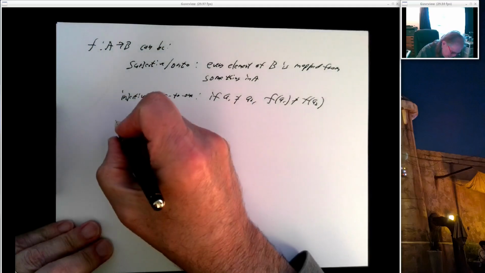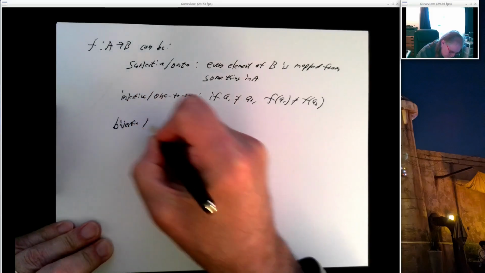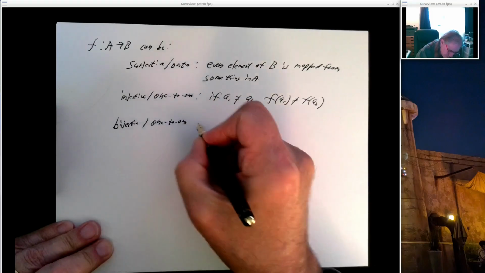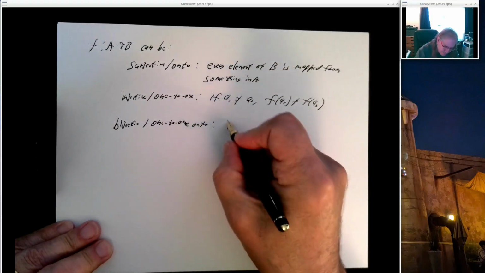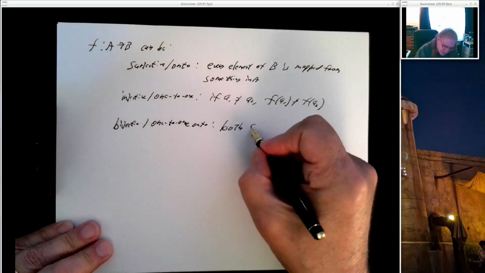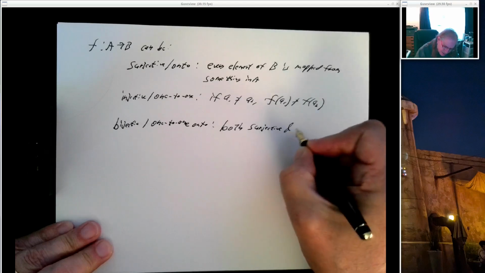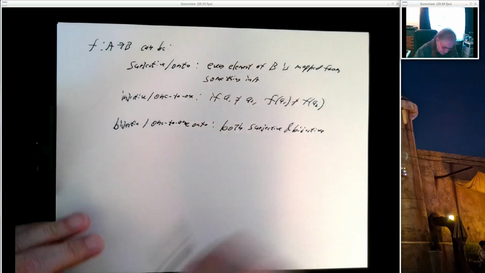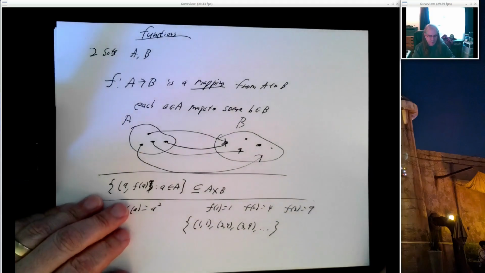And finally, a function could be bijective, also called one-to-one onto, if it's both surjective and injective. So a one-to-one onto or bijective function has both properties.